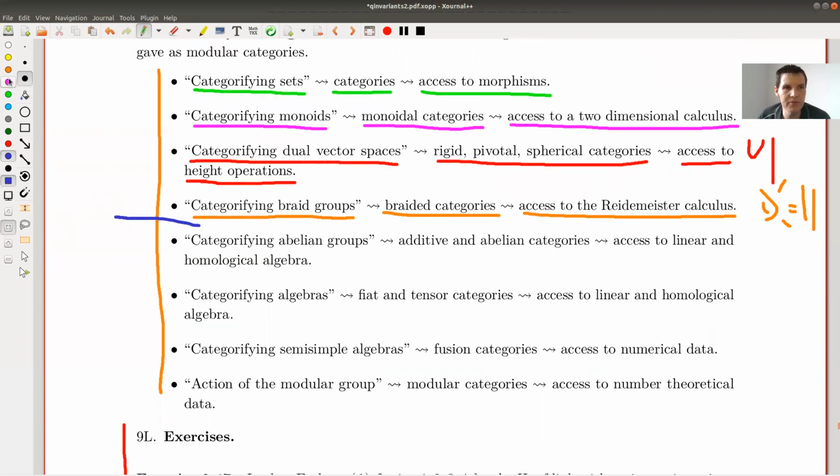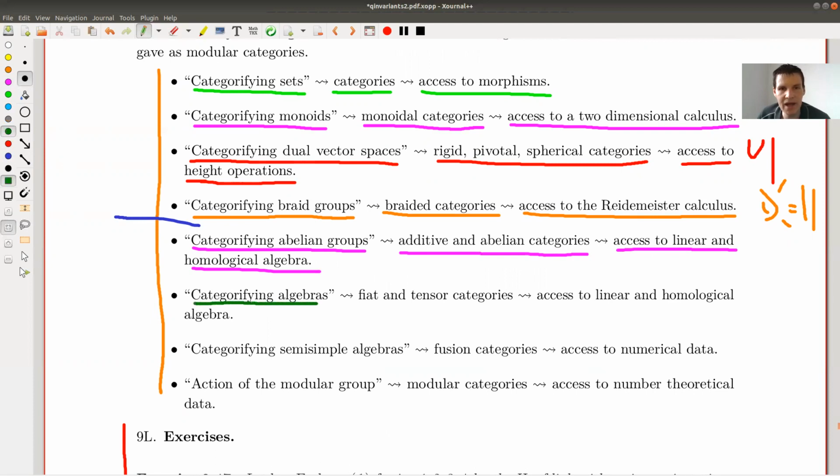In the second part, I tried to categorify abelian groups. What I got was the notion of additive abelian categories, and I got access to linear or homological algebra. That's what I did in the sixth lecture.